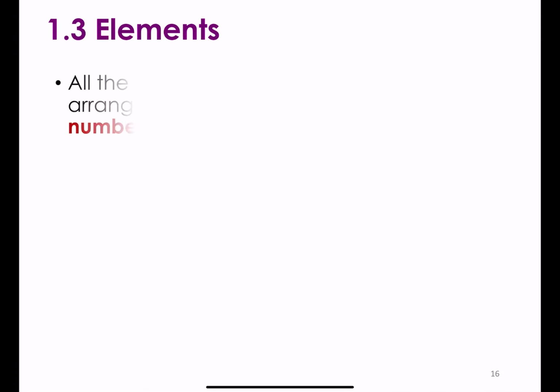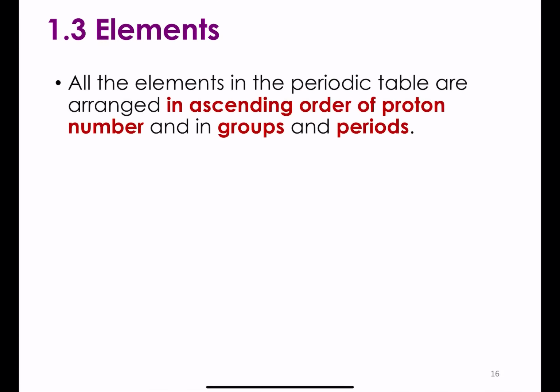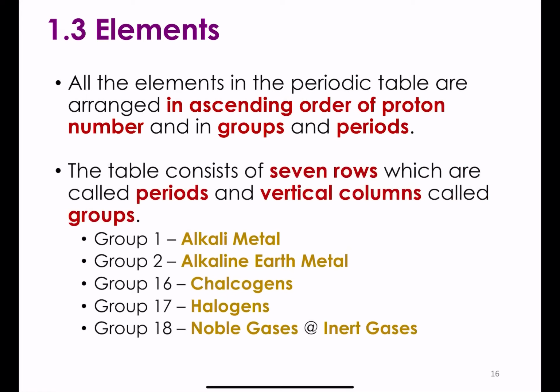You must also understand that we have the arrangement of the periodic table. The periodic table is arranged in ascending order of proton number, and the elements are classified into groups and periods. The periodic table consists of 7 rows, and we call each row a period. So we have period 1 until period 7 because of the 7 rows.